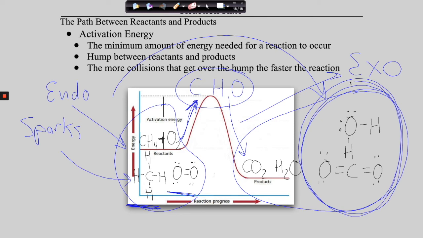So now, guys, the question is this. When these bonds form, where does the energy go? And the answer is interesting. Some of the energy actually recycles backwards and breaks more of the CH4 and the oxygens apart. But that's not where most of the energy goes.